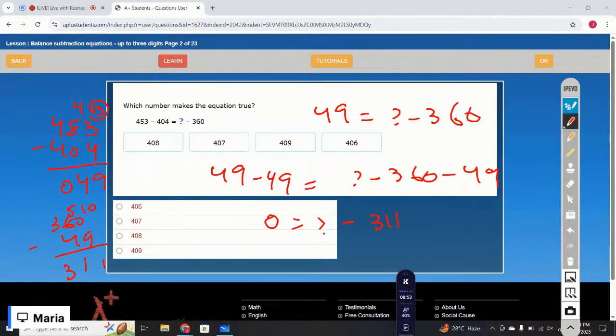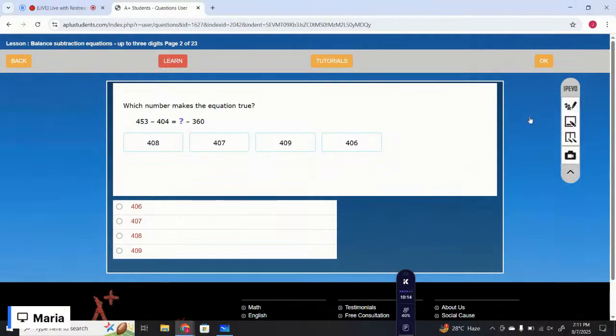Oh, we need to add 360 and 49. That is 409. We need to add them. That is 409. Option number 4 is the correct option. That is 409.